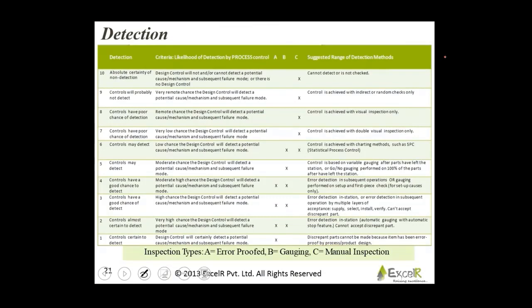Then comes detection. How likely is it for me to detect something going wrong? If I'm putting as 1, that means design control will certainly detect a potential cause, right? And A means something is error proofed. I'll not let you make a mistake. All your electronic gadgets, right? Think about your USB port, right?